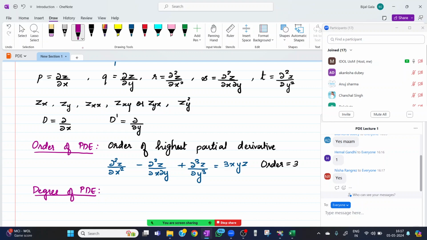When we talk about the degree of the partial differential equation, it's the power or the degree of the highest order partial derivative. Same as we did for ordinary differential equations.